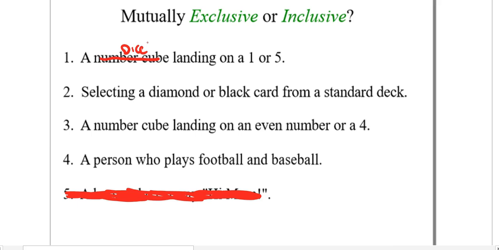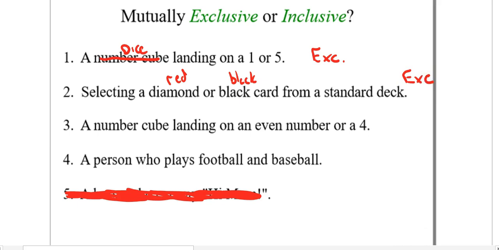It can either land on a 1 or it can land on a 5. It can't land on both. So we would say that this is mutually exclusive. Selecting a diamond or a black card: diamonds are red and black cards, of course, are black, and you can't have a card that's both a diamond and black, so that would also be exclusive.